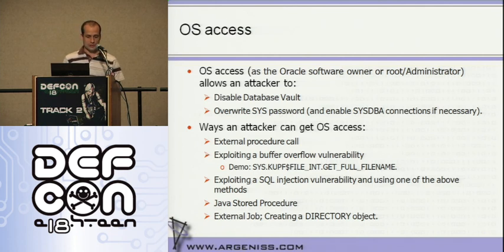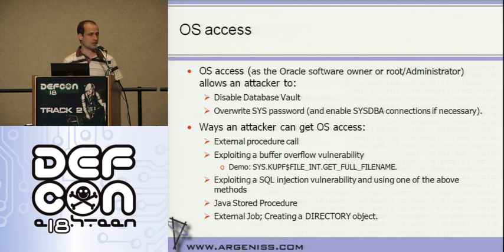We are going to see also that exploiting a buffer overflow vulnerability can allow for operating system access and the disabling of Database Vault. Also, it is possible to use Java stored procedures to get operating system access, and also through external jobs.